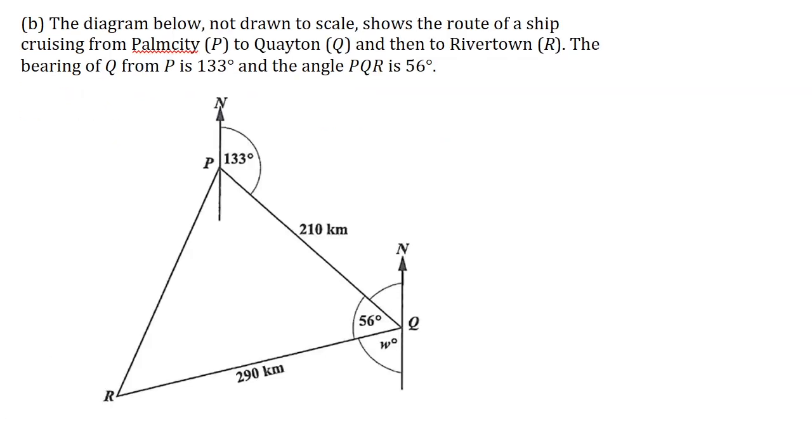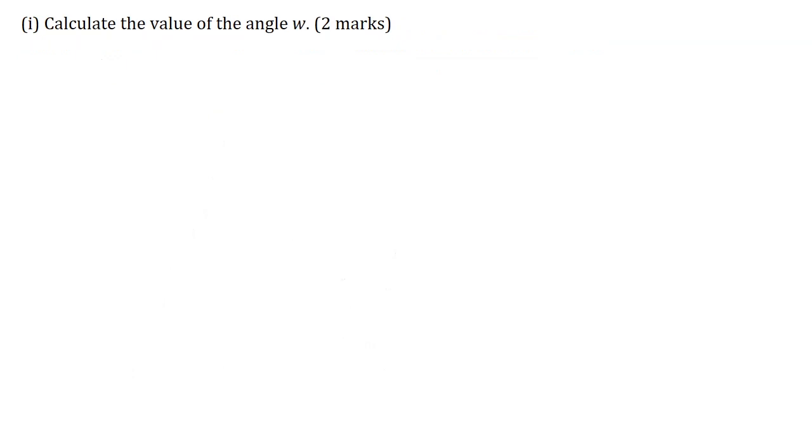Part B. The diagram below, not drawn to scale, shows the route of a ship cruising from Palm City P to Cape Town Q and then to Rivertown R. The bearing of Q from P is 133 degrees and the angle PQR is 56 degrees. Part 1. Calculate the value of the angle W for 2 marks.